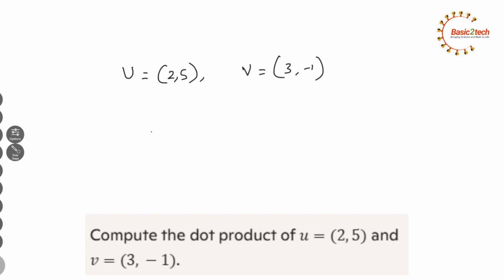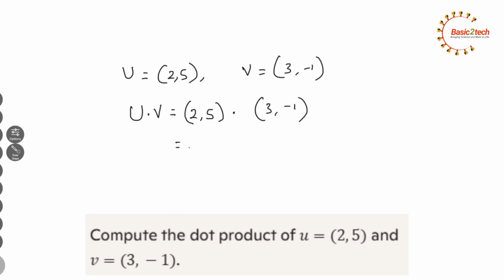What we do is find the sum of the product of corresponding terms. So U dot V is equal to U, which is 2 and 5, dot V, which is 3 and minus 1.